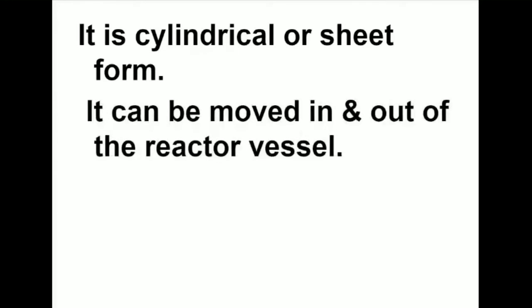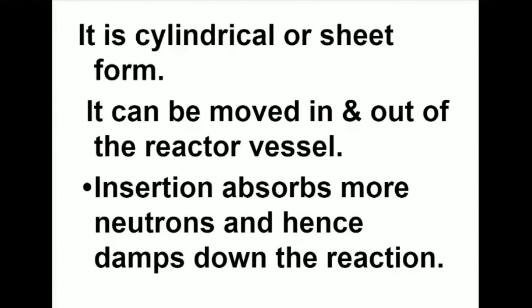The control rod is a cylindrical or sheet form structure. It can be moved in and out of the reactor vessel from outside. Insertion absorbs more neutrons and hence damps out the reaction.